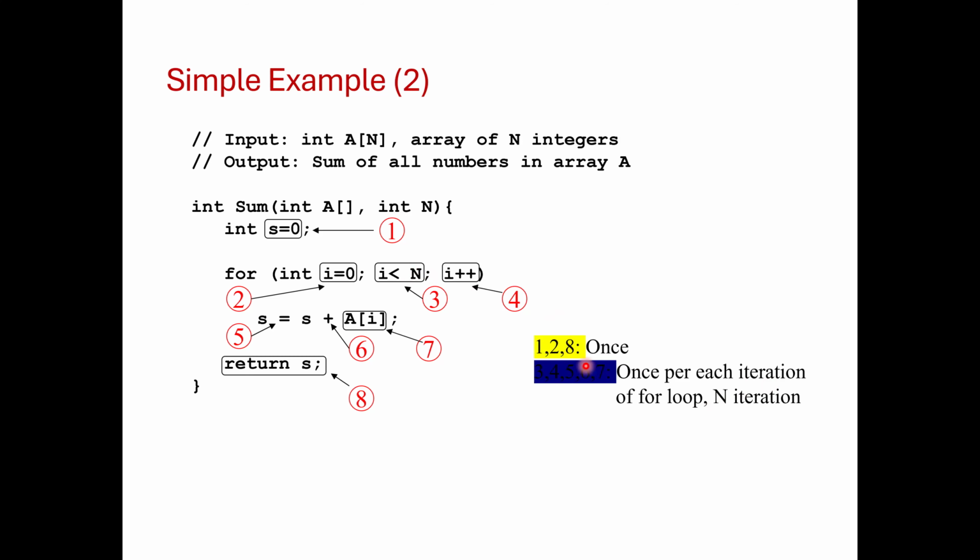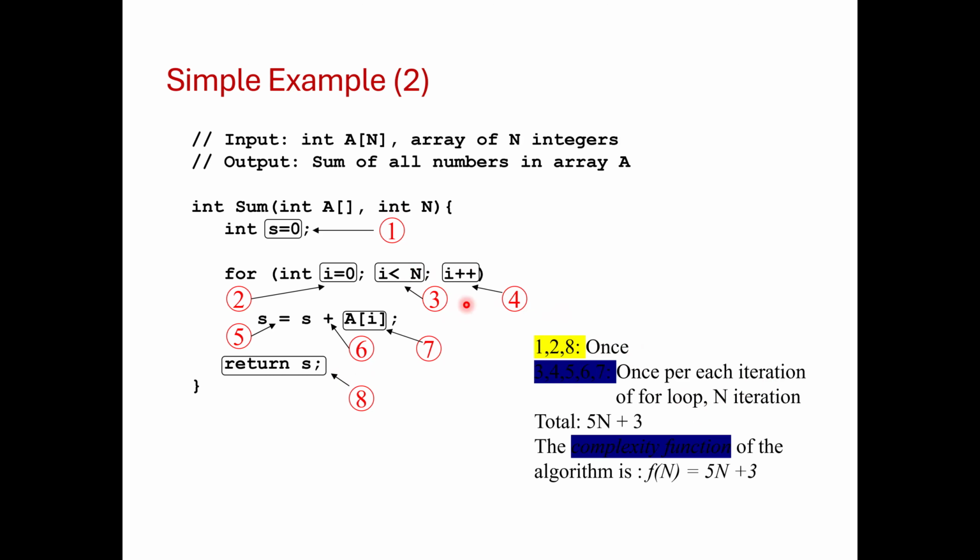So of the 8 operations that we've identified, these 3, 1, 2, and 8, will execute once. And these 5, 3, 4, 5, 6, and 7, will execute N times because they are all linked to the loop. So we can say the total number of operations will be these 5 operations here. How many times? N times. So 5 times what? N. So these 5 operations, N times, plus these 3 operations that are going to execute what?